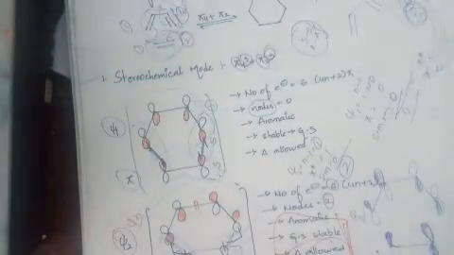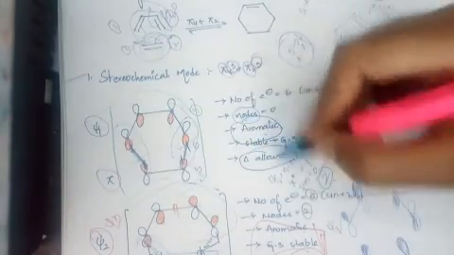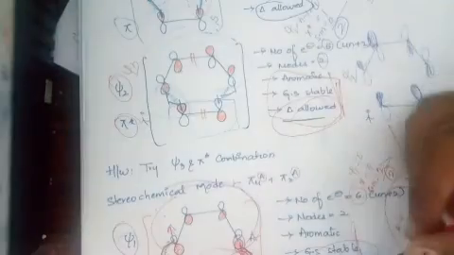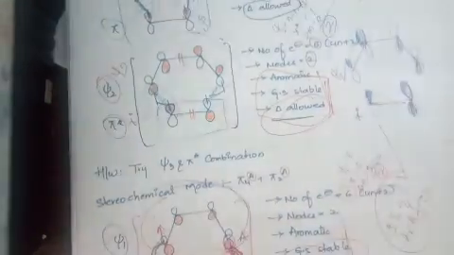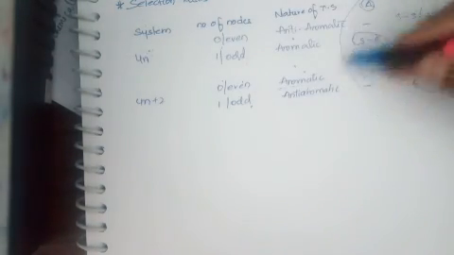See here again I am taking the 4n+2 system only, having thermally allowed, that is an aromatic transition state, undergoing which fashion? Supra. Even for antara also you will be getting thermally allowed aromatic. So that is what I have written here: 4n+2 aromatic when it will be having 0 or even number of nodes, and supra antara fashion is allowed.